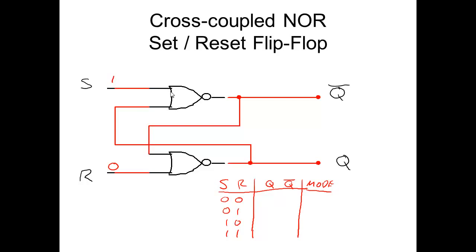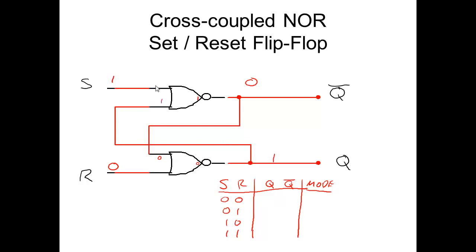So a high on set, a high going into this cross-coupled NOR gate. If you think of it as an OR with an inverter, with an OR gate any high gives you a high out, right? So a 1 into the OR gate gives you a 1, inverted to a 0. This 0 is getting fed back here. 0 OR 0 gives you a 0, which you invert to a 1.